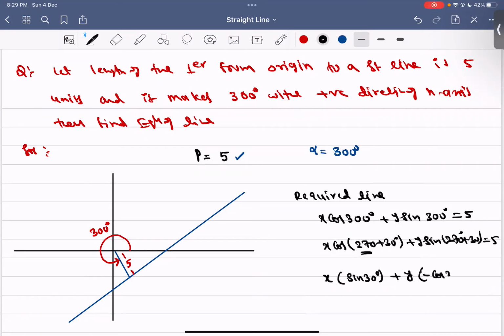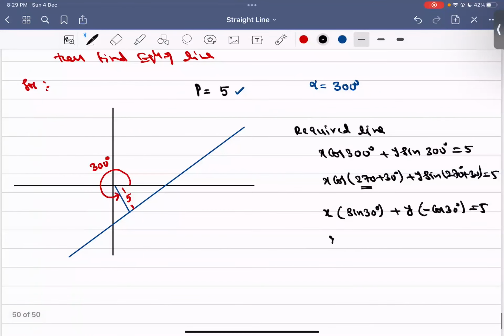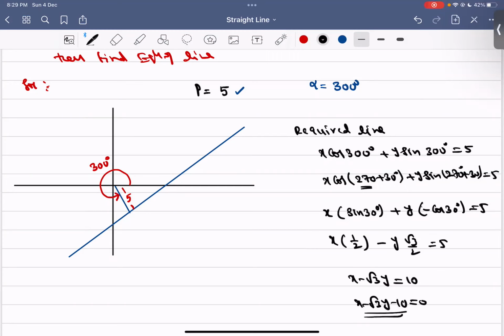Minus cos 30 degrees is equal to 5. Therefore x into sin 30, which is 1 by 2, minus cos 30, which is root 3 by 2, is equal to 5. Therefore the required line is x minus root 3 y equals 10, or x minus root 3 y minus 10 equal to 0. So this is the required line.